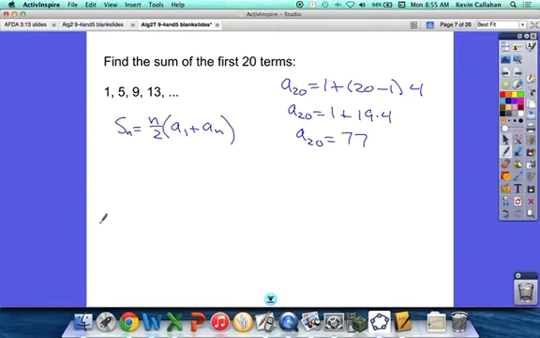So now you know everything you need to plug into the formula. If they don't give you the last term, you have to figure the last term to plug in. And that's why you use this formula. So now we plug in S20 equals n over 2, 20 over 2, times first term of 1, last term 77.